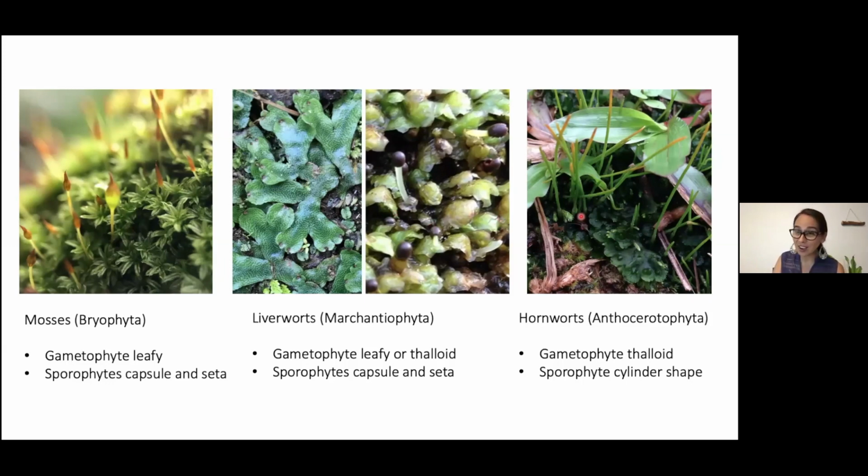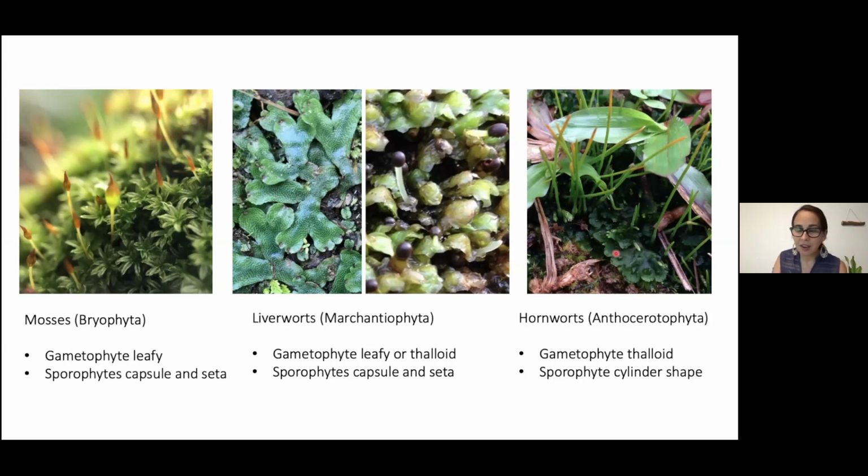So then the other group, which is really not that common, and maybe you've not heard about it before, is the hornworts. It is because there are very few species of hornworts around the world, maybe around 150 to 200 species. So they're really rare. But if you find them, you're gonna probably see something like this.